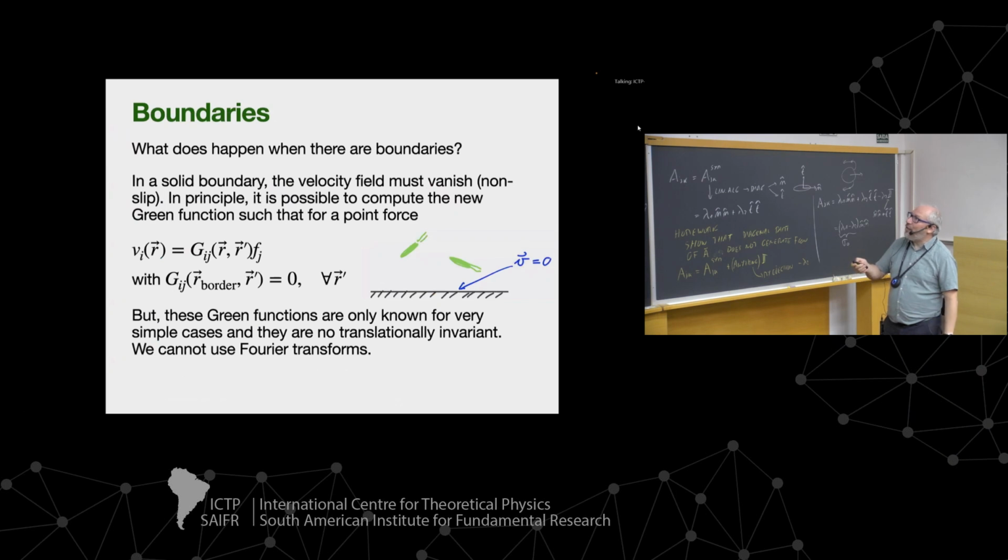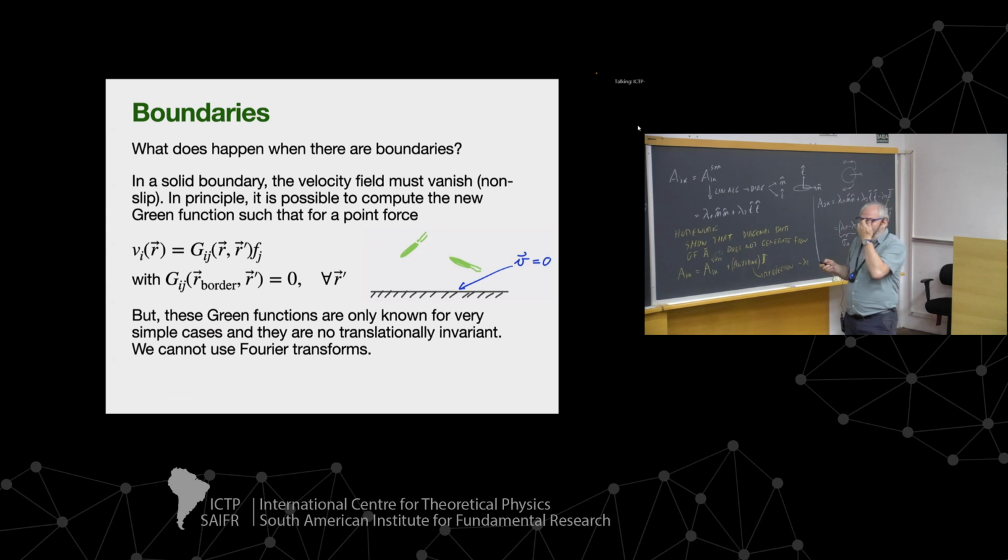Then the velocity field is going to be the Green function times the force. And the Green function is good, because if you evaluate on the border, it's going to be 0 no matter where you put the source. All sources are going to produce a 0 velocity on the border.